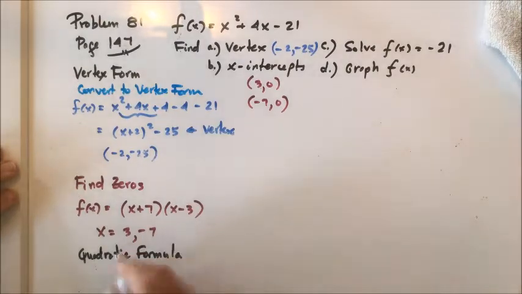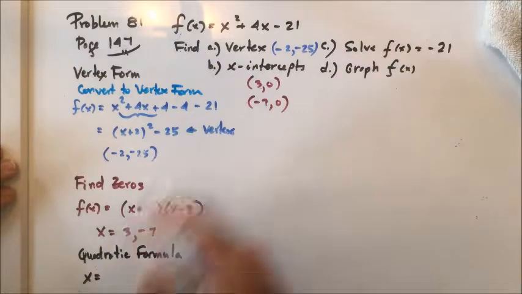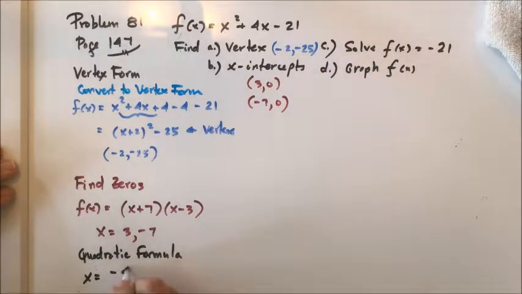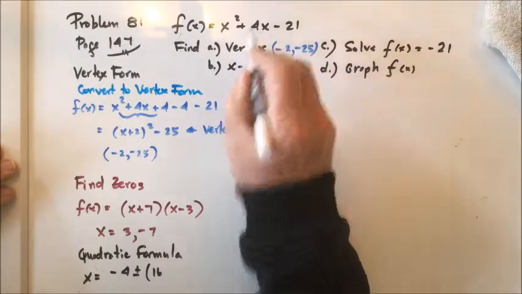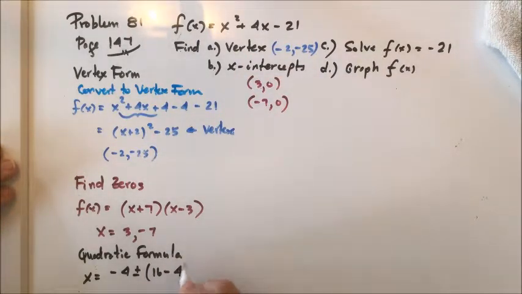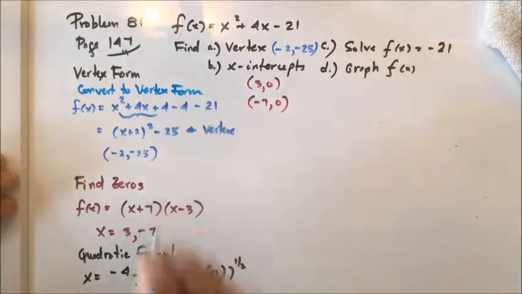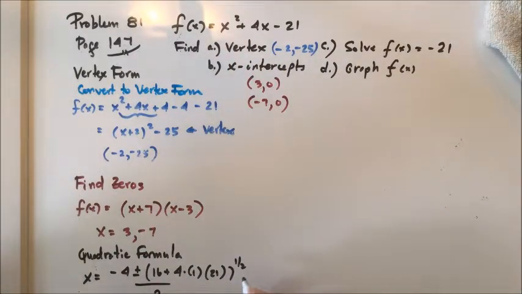Brute force, they just come out, and in that case, you just have to remember that x, if x is one of the zeros, is the opposite of b, plus or minus the square root of b squared minus 4 times a times c. c is minus 21, so I'm going to put the 21 there, and I'm going to change that sign. So it's the opposite of b plus or minus the square root of b squared minus 4ac, all over 2a, which is 2.